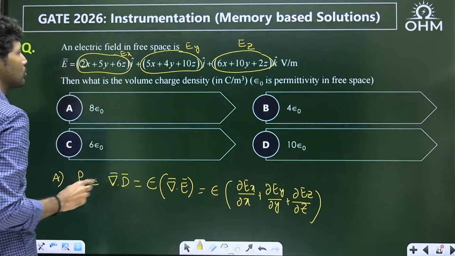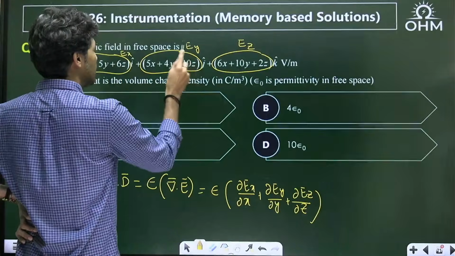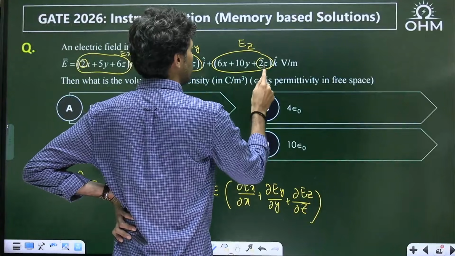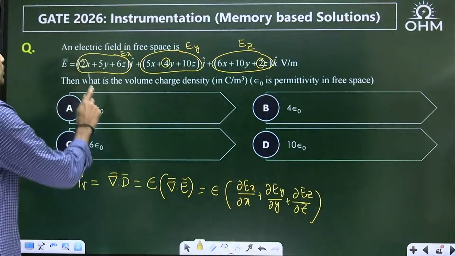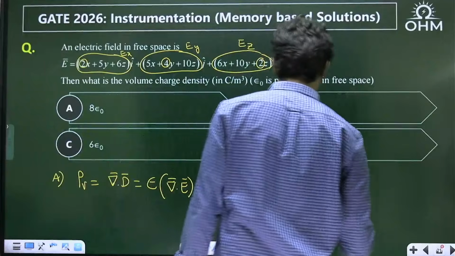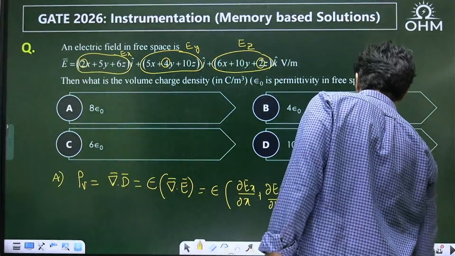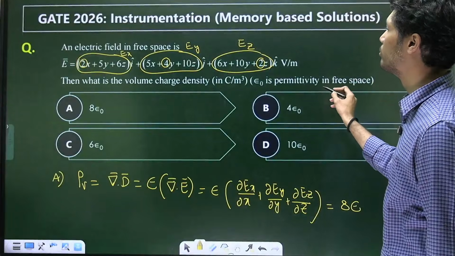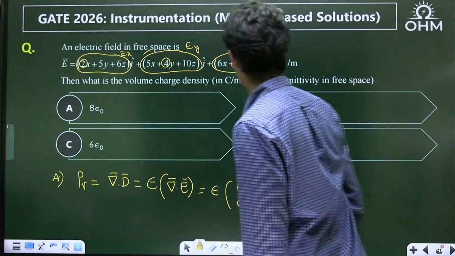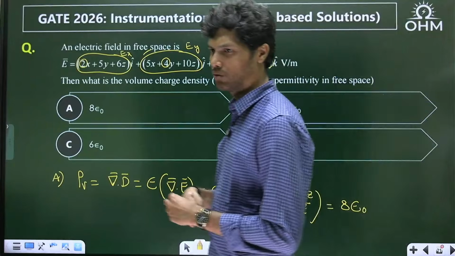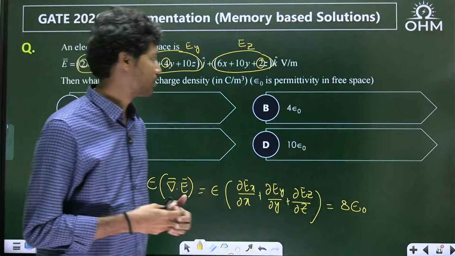All you'll have is 2 here. If you differentiate Ey with respect to y, we'll have 4 here. If you differentiate Ez with respect to z, we'll get 2 here. So 2 plus 4 plus 2, the answer is how much? I think 8. So this is 8 epsilon. If nothing is mentioned about the medium... anyway, the medium is given as free space. So epsilon becomes equal to epsilon naught. That's it. So a very, very straightforward question.